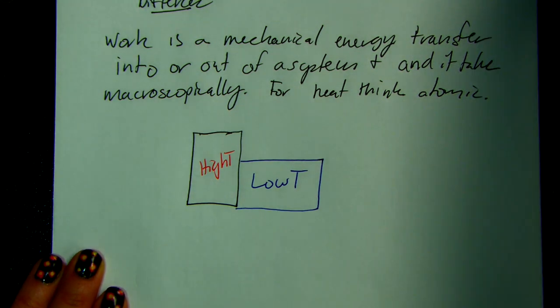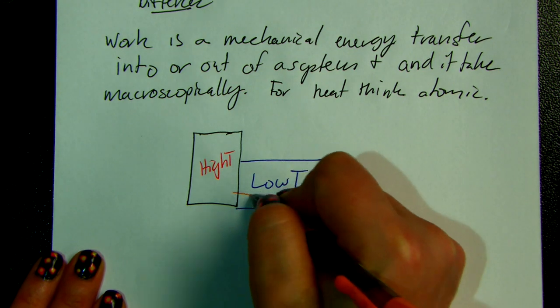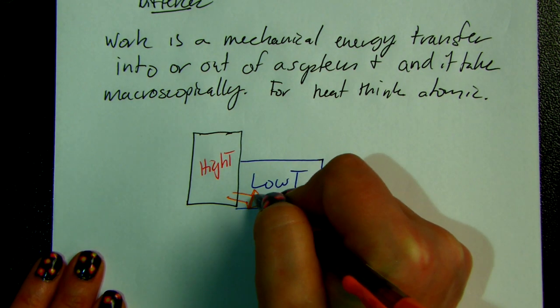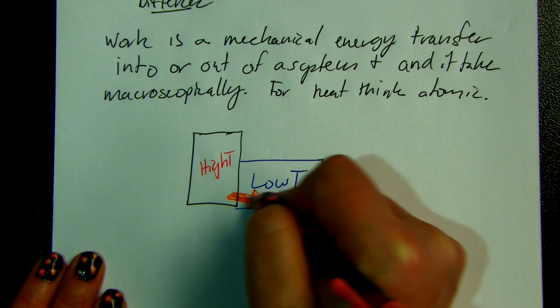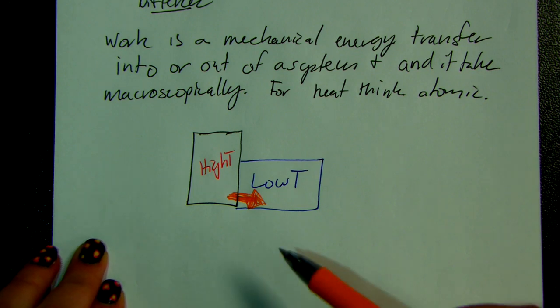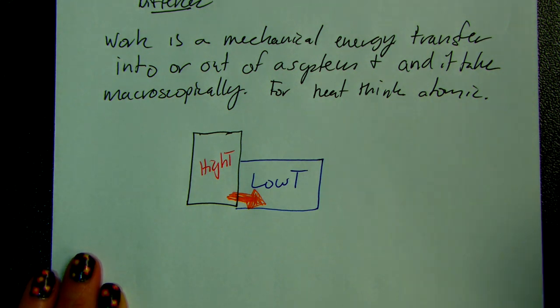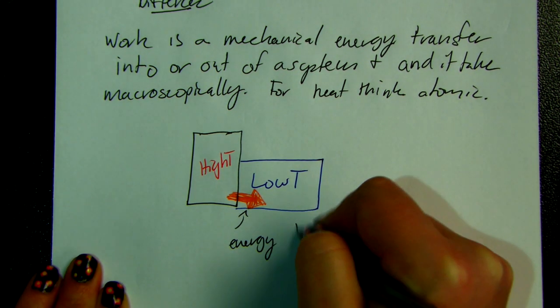Now, we know that the heat flow is going to go from hot to cold. When we get to chapter 12, we're going to talk about why that is, but for now, that's your experience. If you put ice cubes in a glass of warm water, the ice cubes will melt as the heat from the warm water will flow into the ice cube. So this is our energy transfer.